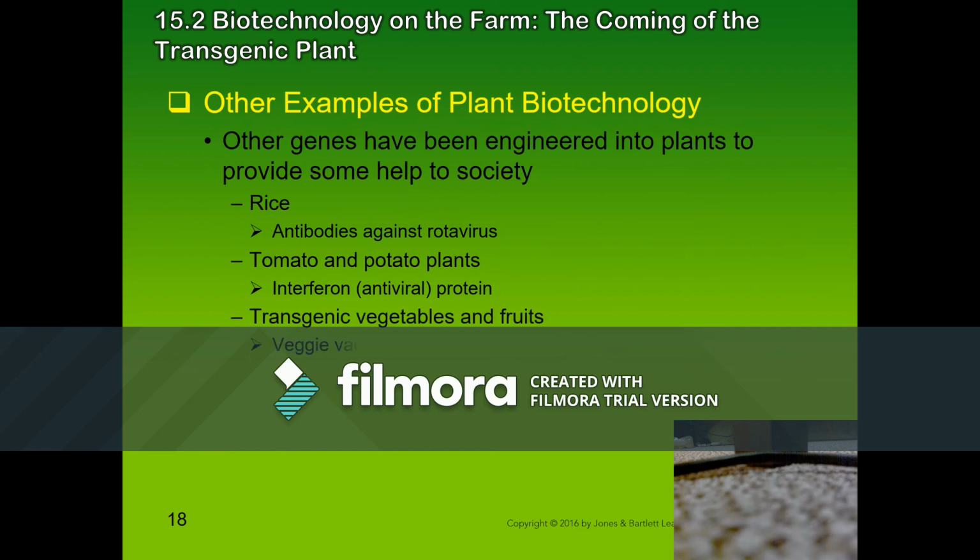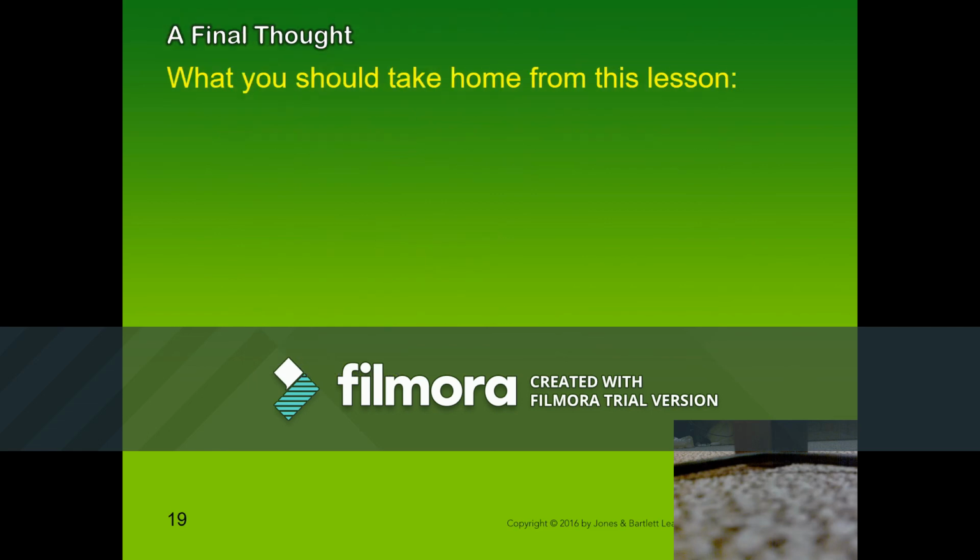With transgenic fruits and vegetables, we can make veggie vaccines, so the vaccines don't have to actually go into an animal source to be able to produce antibodies. That makes them edible vaccines.